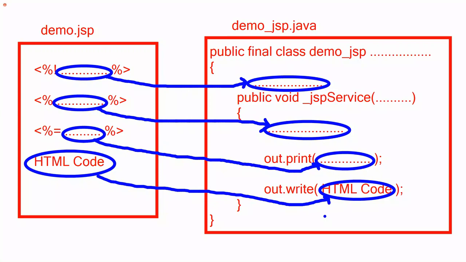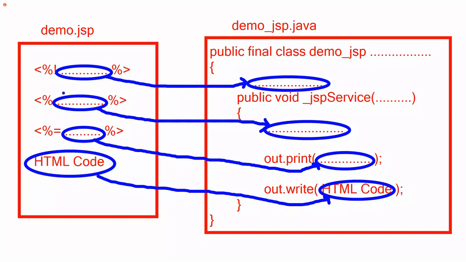See, is it completed? If you write code in a declaration, it comes outside the methods, inside the class.